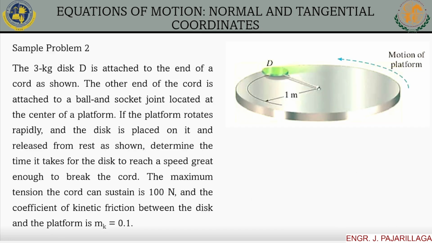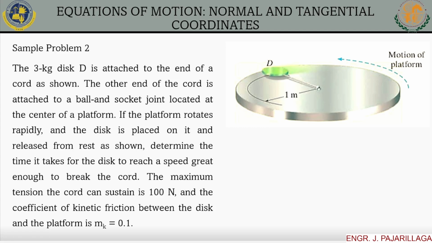Okay? For sample problem number 2, sabi dito, a 3 kg disc is attached to the end of a cord as shown. So, the other end of the cord is attached to a ball and socket joint located at the center of the platform. If the platform rotates rapidly and the disc is placed on it and released from rest as shown, determine the time it takes for the disc to reach the speed great enough to break the cord.